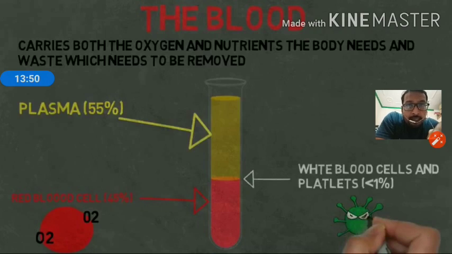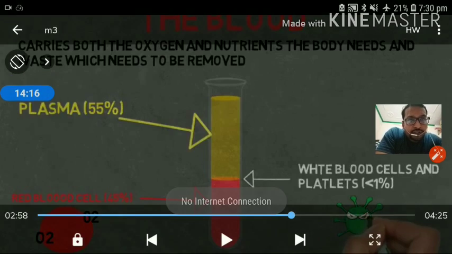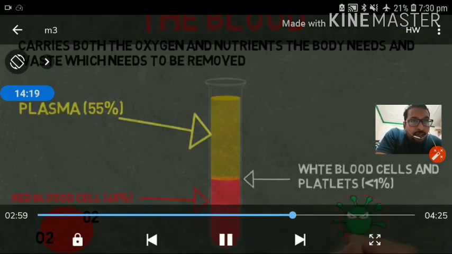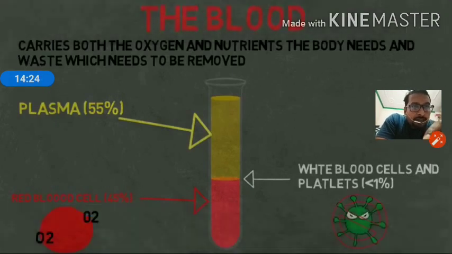Plasma is another thing which we will discuss, and red blood cells, which are 45%, help energize you with oxygen and clean up the carbon dioxide from your body. So this is the composition, and as you can see, a picture of a virus. As you all know, coronavirus is spreading all over the place.